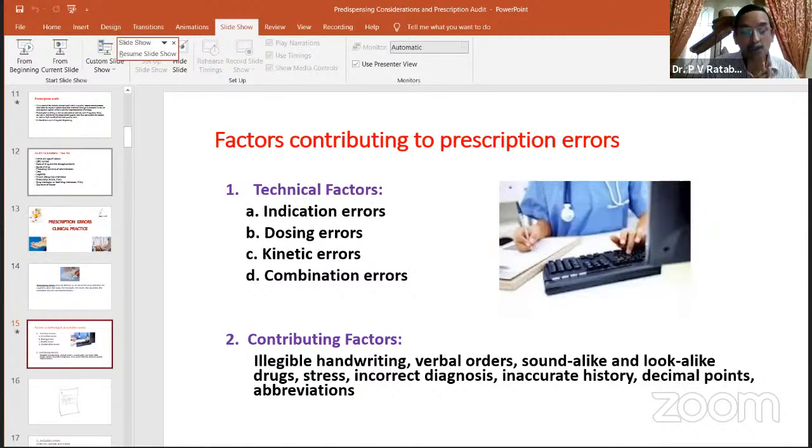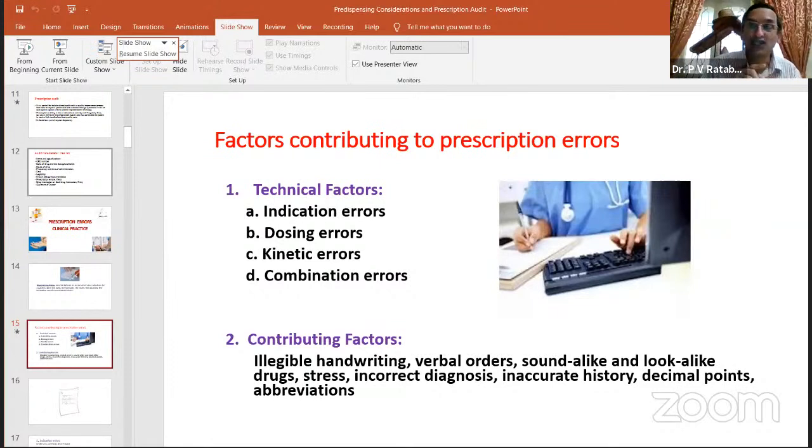And there are a lot of contributing factors like illegible handwriting, which can be error A, then verbal orders, sound alike, look alike drugs, stress, incorrect diagnosis, inaccurate history, decimal points, 5.0 if somebody writes, if that point is not seen, you may interpret it as 50.